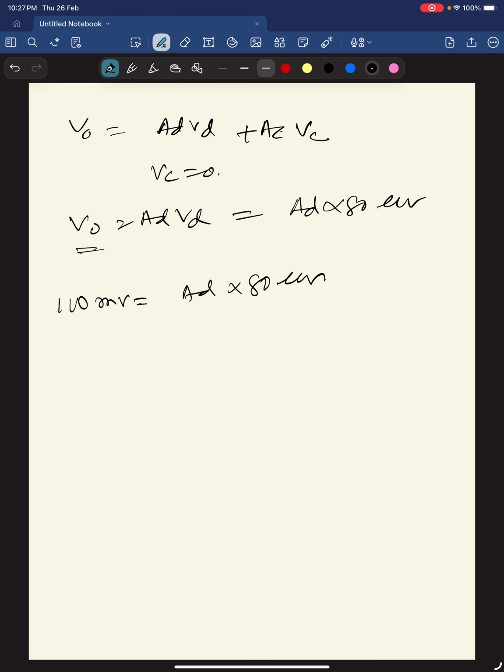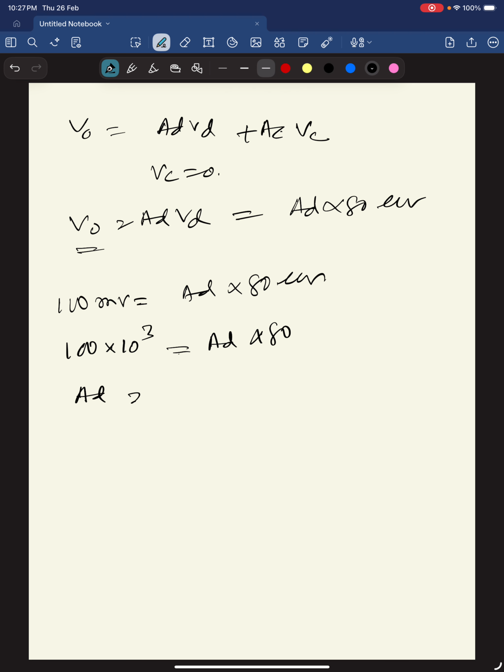Millivolt we can make microvolt, so 100 into 10 to the power 3 microvolt is equal to AD into 80.